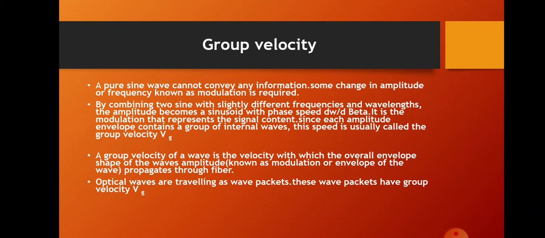The group velocity of a wave is the velocity with which the overall envelope shape of the wave's amplitude propagates through the fiber. So what do we mean by group velocity? I can explain it.